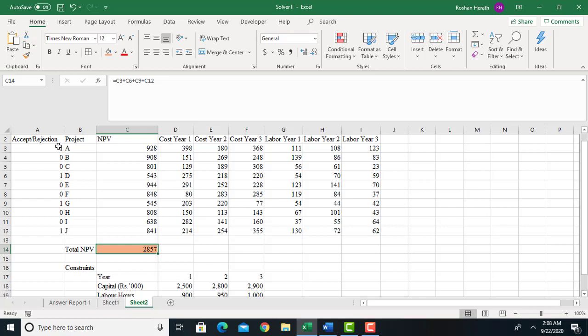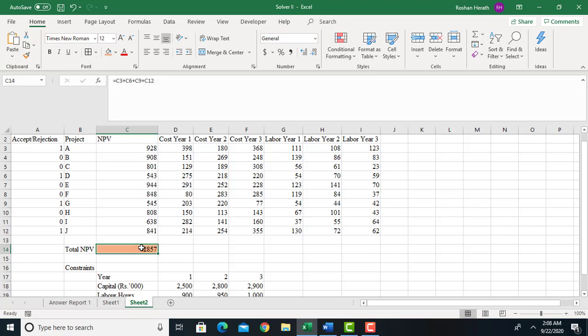Sometimes project A will become 0, project B will become 1. That is, project A is rejected, project B is accepted, likewise. A different result can come. So in such a situation, the manual way of doing that, or just taking these NPVs line by line, is not going to work. Therefore you need a method that is suitable under different circumstances.